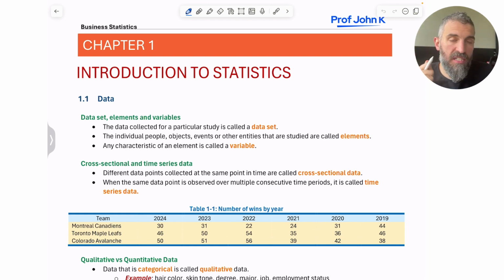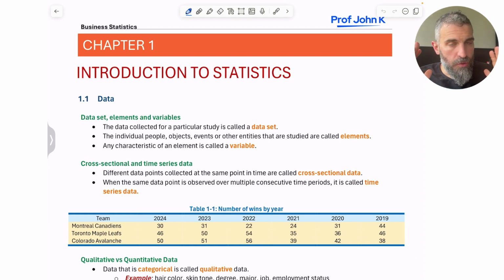An element is basically the individual people, objects, or places or other entities that we are studying in the study. And then every question that I asked, your school, your age, your major, those are variables. And we study those variables, and we compare variables, and we find relationships between variables. That's what we're going to be doing over the course of this entire class.